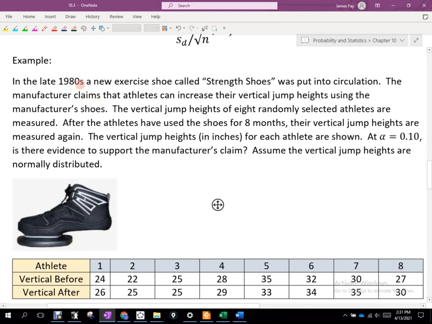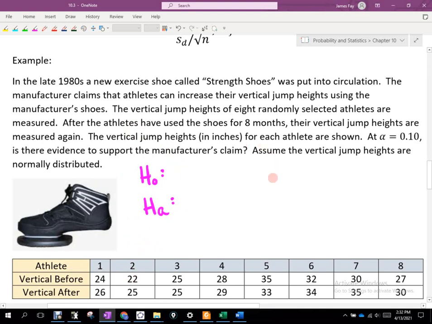So what we have to do here is realize that we are dealing with differences of paired or matched data. This is the way I've written it down below, but you have to decide this before you do it. How are you going to conduct the differences?